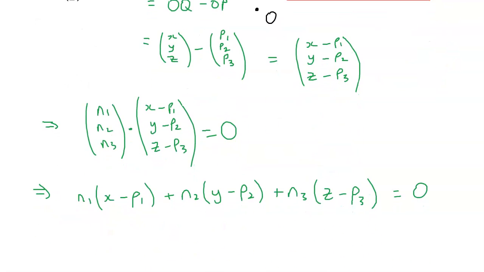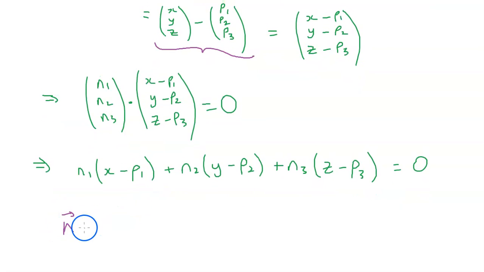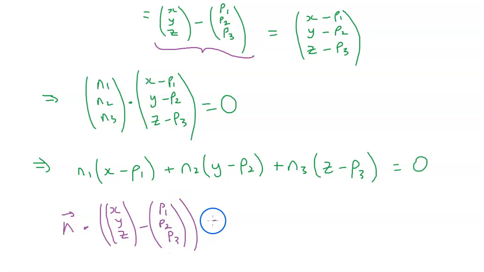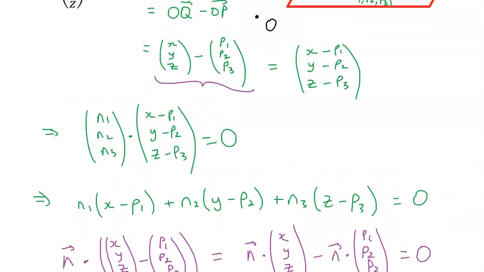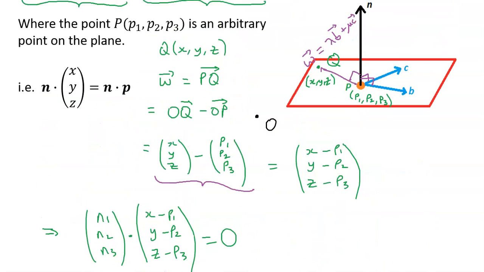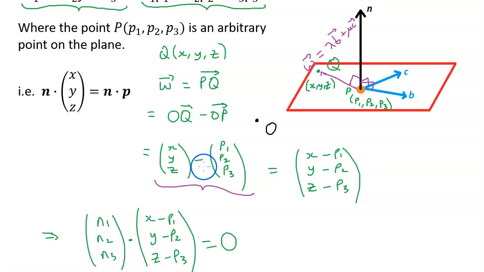We could have, at this point, just taken n dotted with x, y, z minus p1, p2, p3, and observed that that's equal to n dot x, y, z minus n dot p1, p2, p3, and that's equal to 0 because n dotted with this vector W, equals OQ minus OP, is equal to 0.